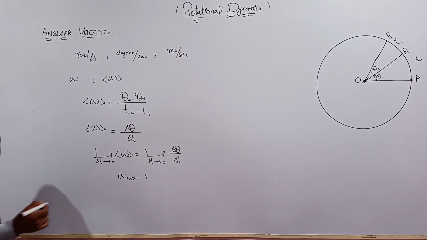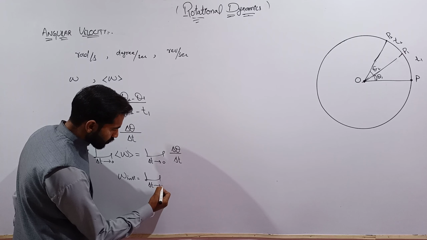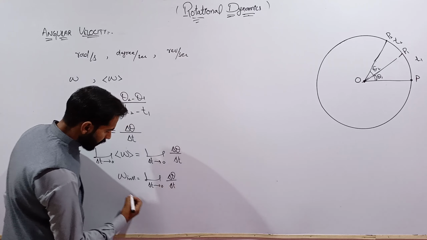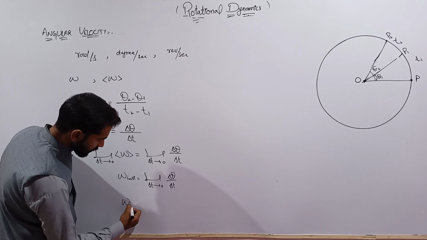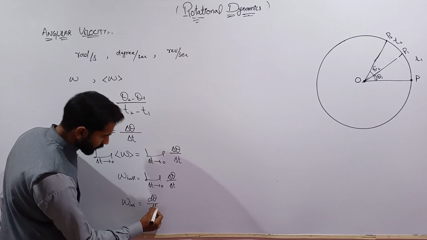Instantaneous angular velocity is the limit as del T approaches 0 of del theta divided by del T, or it can be written as d theta over dt.